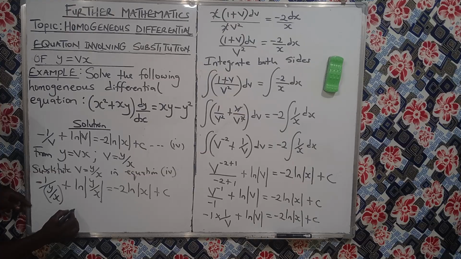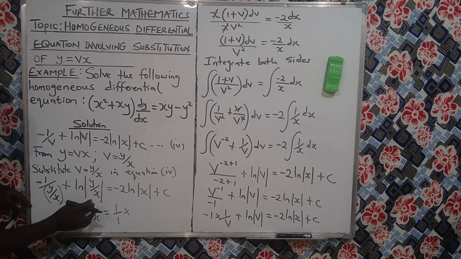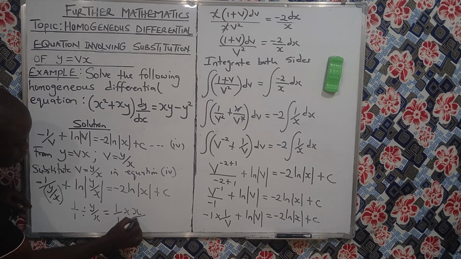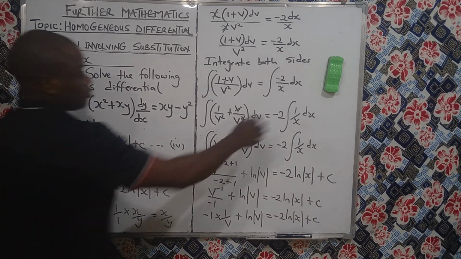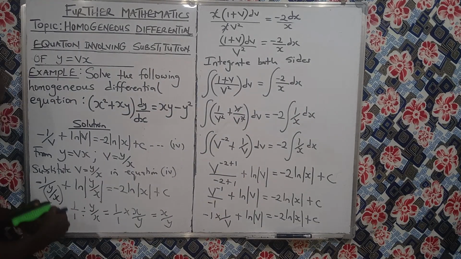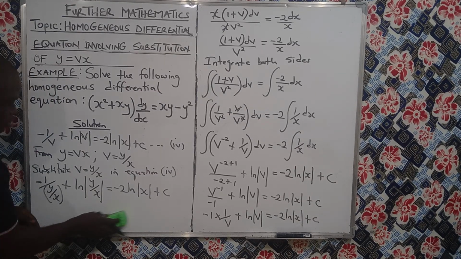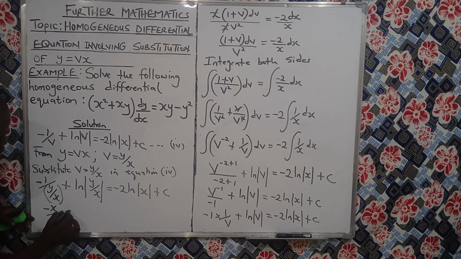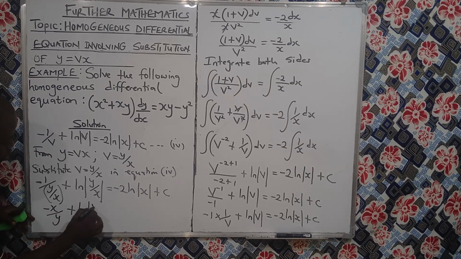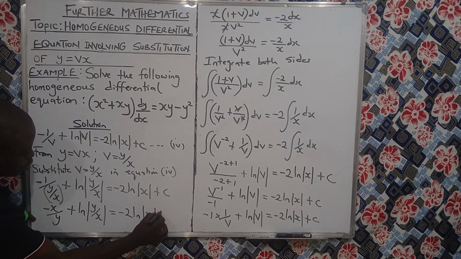Let's simplify this: 1 divided by y over x, the x goes to the numerator and the y to the denominator, which is x over y. Don't forget the negative sign, so we have minus x over y plus ln y over x equals minus 2 ln x plus c.